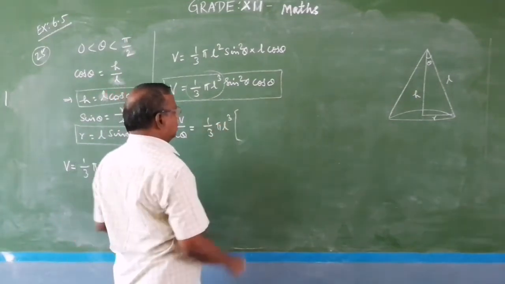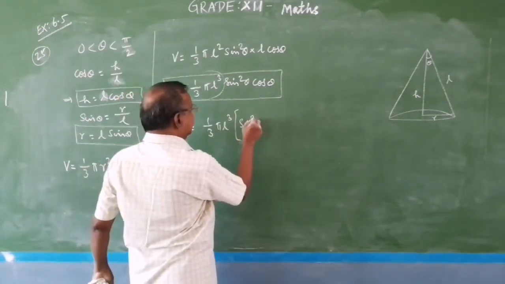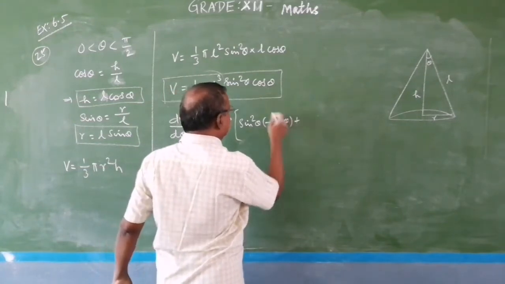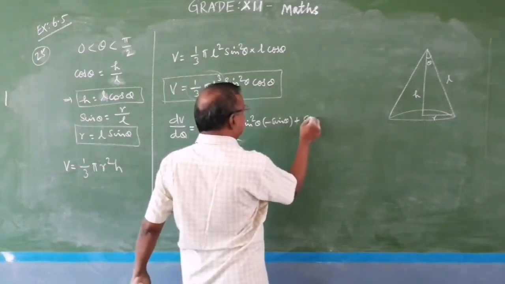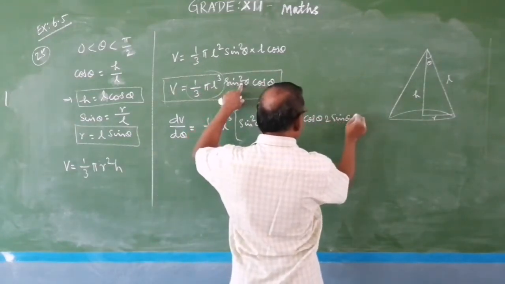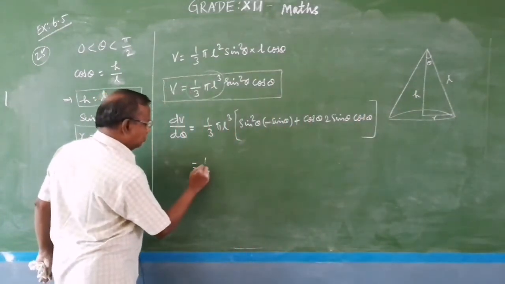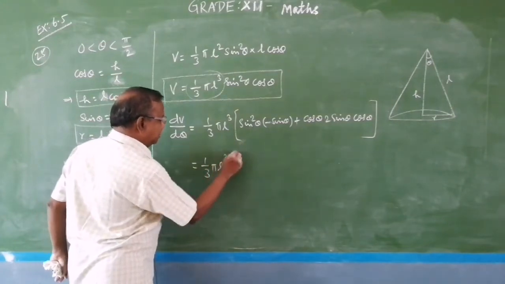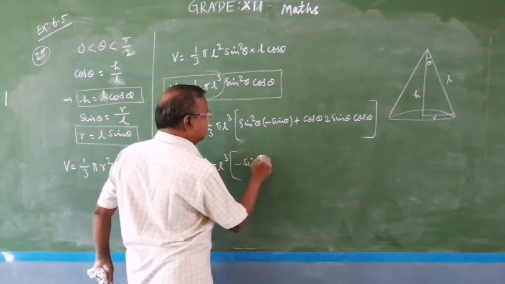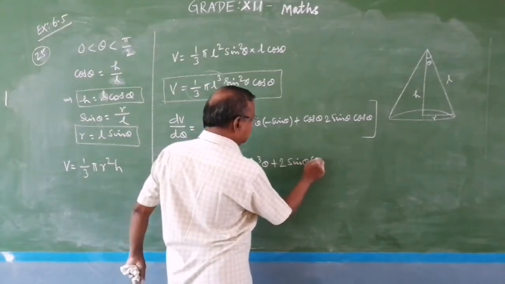This is a product of two functions: u into v dash, that is sin square theta into differentiating cos theta, minus sin theta, plus v into u dash, that is cos theta into differentiating, we have 2 sin theta cos theta. That is 1 by 3 pi l cube into minus sin cube theta plus 2 sin theta cos square theta.